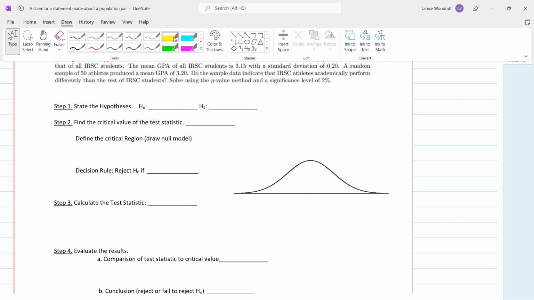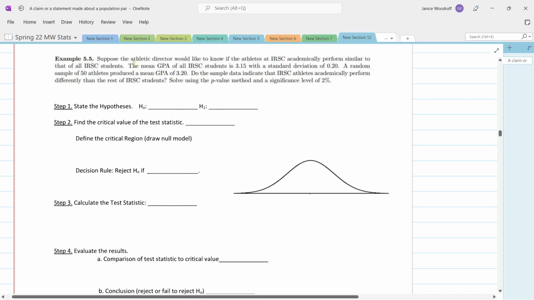Okay, so what we have here, let's see. The mean GPA of all is 3.15 with a standard deviation of 0.2. Sample is 50. That produced a mean of 3.2. Significance level is 2%. So let's write that down.